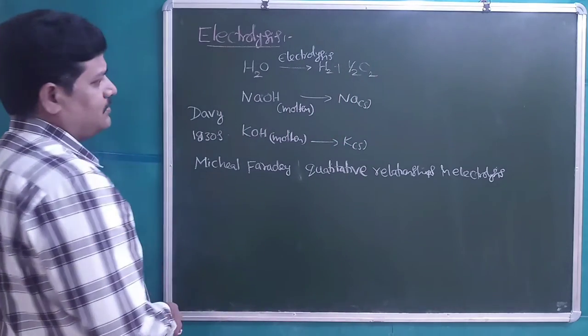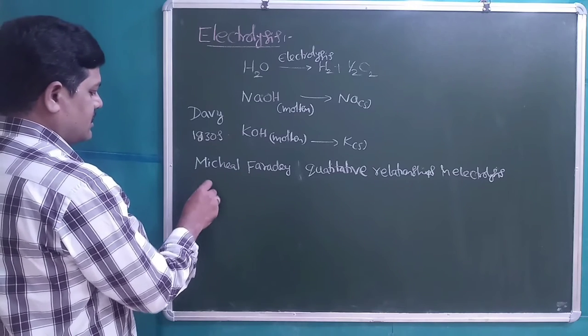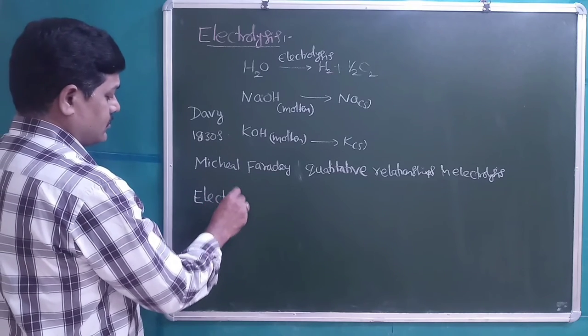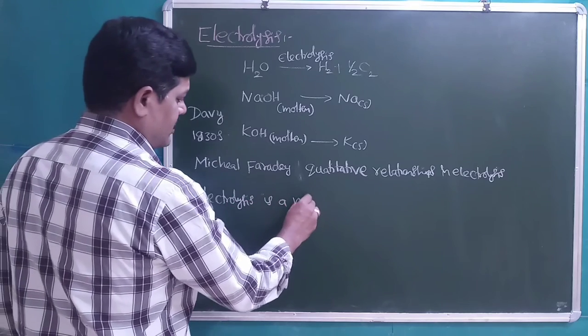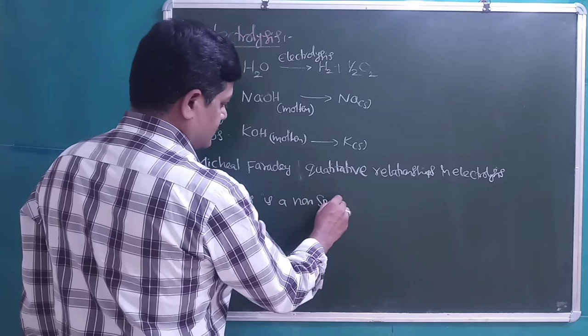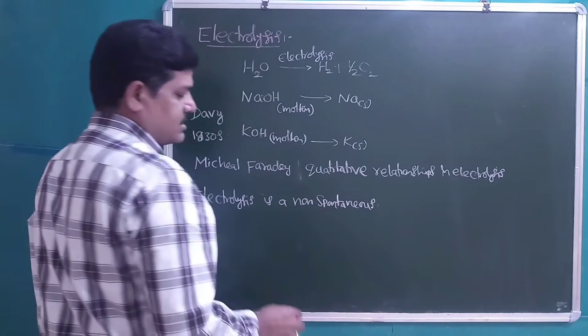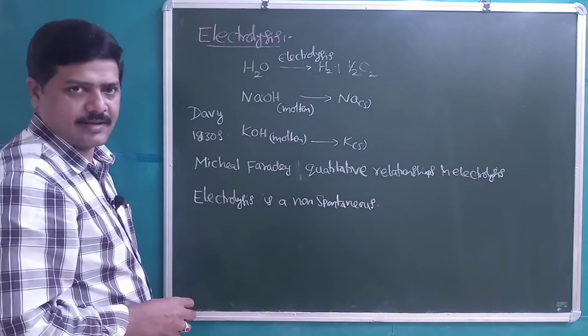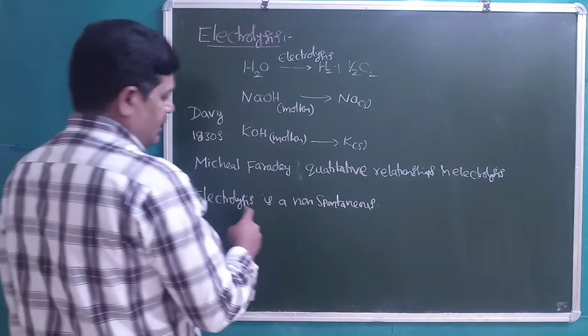Students, first let us define what electrolysis is. Electrolysis is a non-spontaneous process. A non-spontaneous process is a process which does not occur on its own, so it needs some external agency.